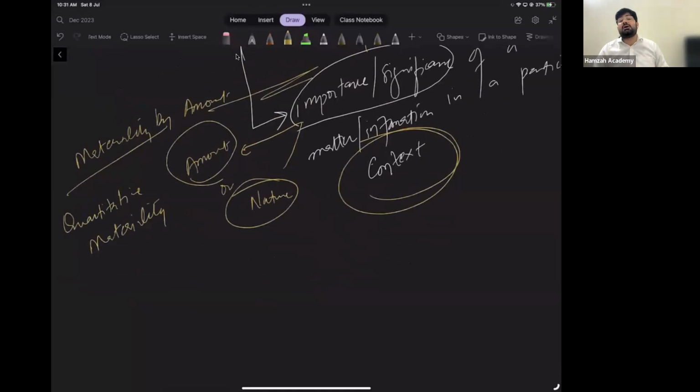For example, a company is being sued for money laundering of $100,000. $100,000 is a small amount for a company. For example, the company is big. Amount is small, but the nature of information is very significant. So information is material due to nature. So it is qualitative materiality.